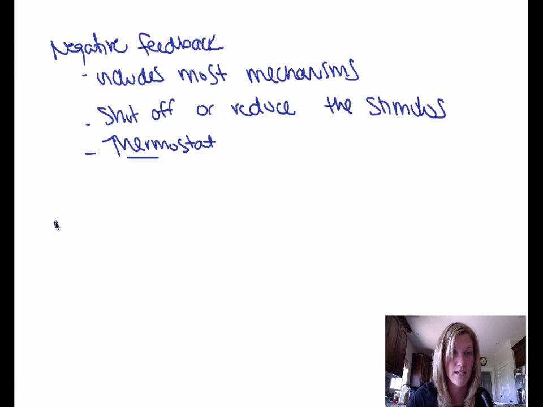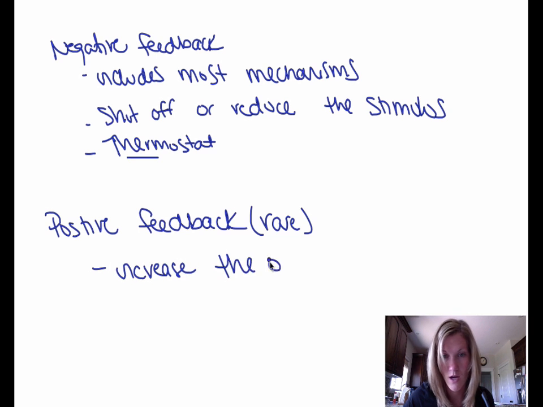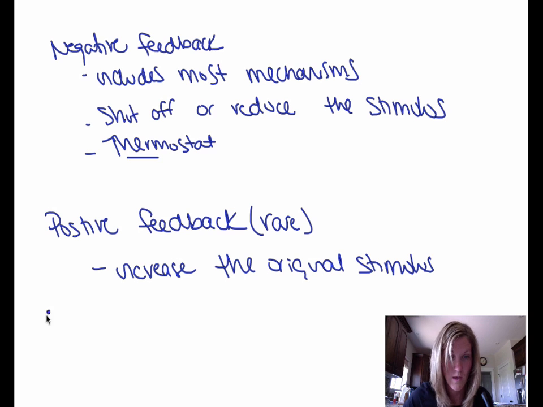The next type of feedback is less common, but you have positive feedback. Positive feedback is actually very rare in the body. What happens for positive feedback is it's going to increase the original stimulus to push that stimulus even farther past the set point.